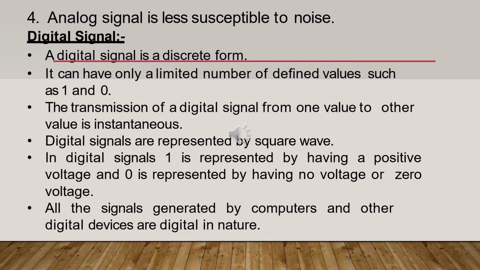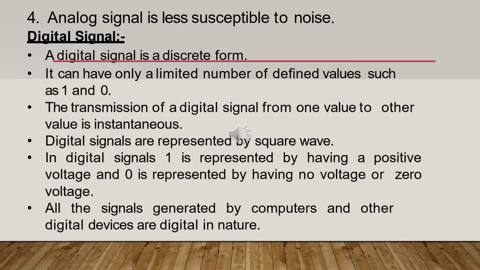The transmission of digital signals from one value to another value is instantaneous. Instantaneous means that it is not gradual, right? Digital signals are represented by a square wave. In a digital signal, 1 is represented by a positive voltage and 0 is represented by no voltage or 0 voltage, right?